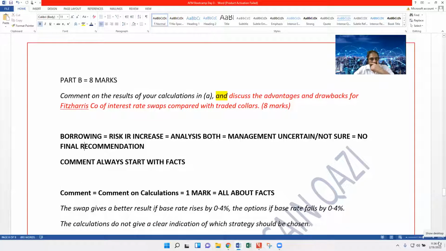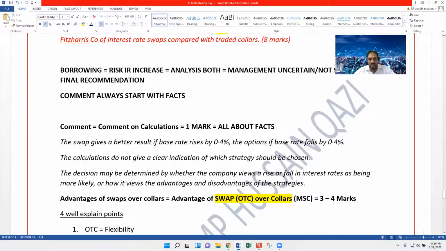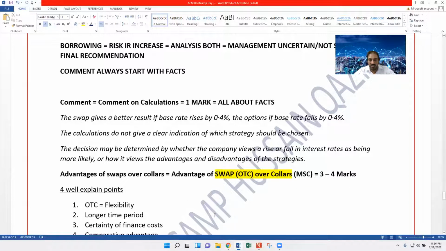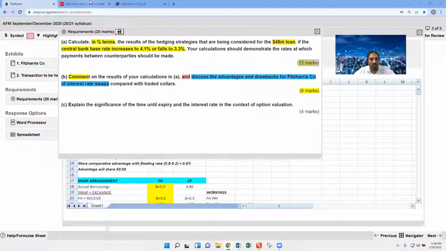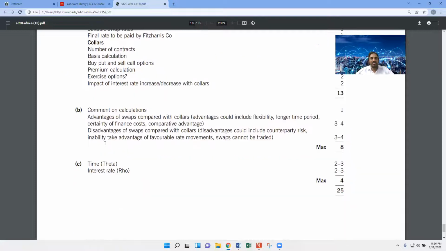Number one, if we work out the comment, listen carefully. The marking scheme says the comment on the calculation has 1 mark, and the rest relates to the swap.